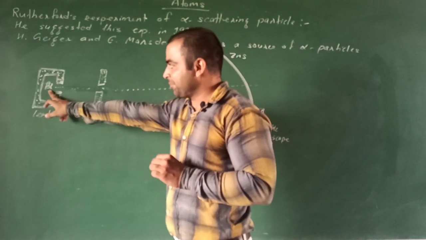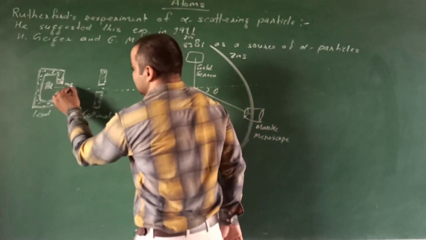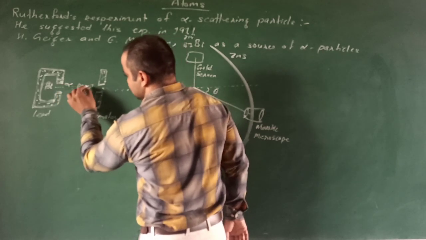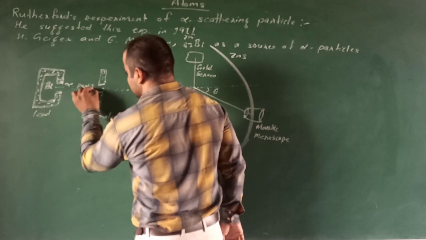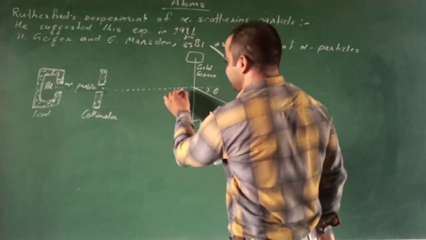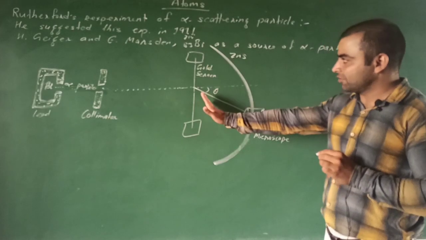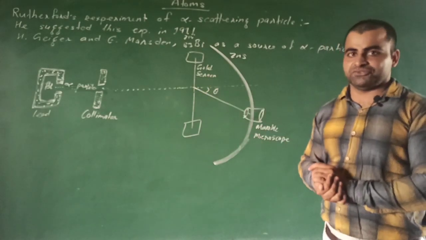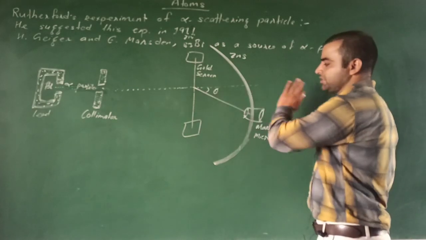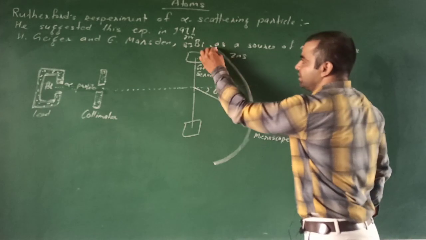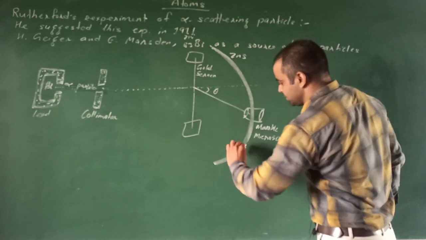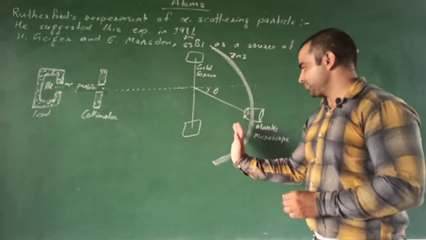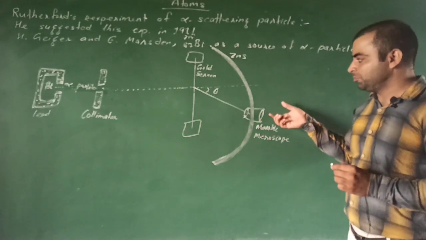Bismuth is the source of alpha particles. The alpha particles will come in a straight direction, and after striking the gold foil, some of them may deflect. Some will pass, and here a zinc sulfide screen is in this curved form, with a movable microscope.